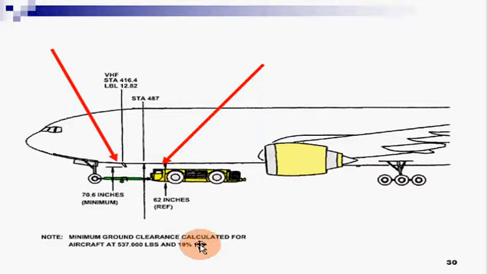It means the clearance of the tug from the center of gravity, the CG point, should be 90% of the whole procedure. Here I want to elaborate that this is the place where we could attach the tug, which has to push the aircraft and take it to a certain position.